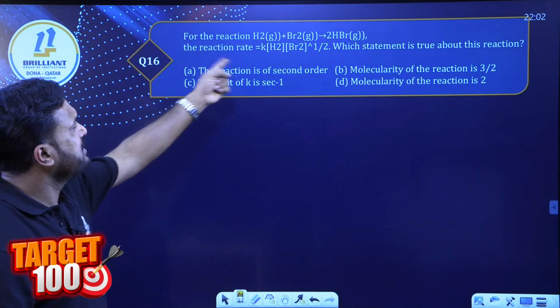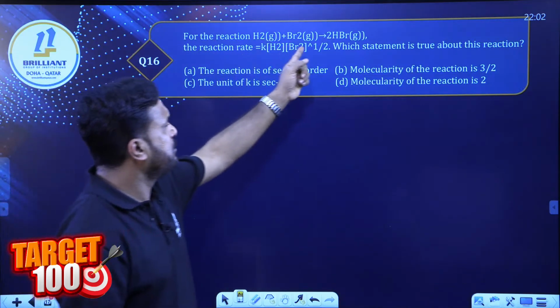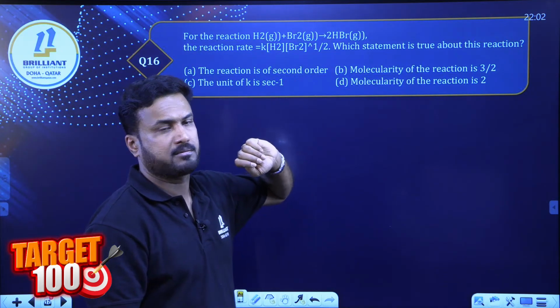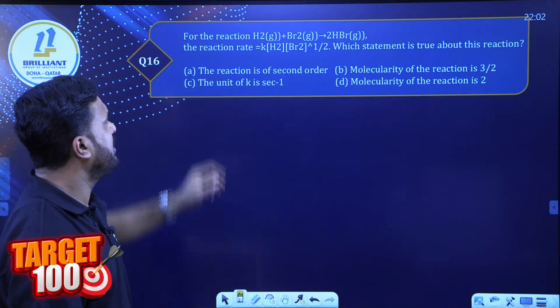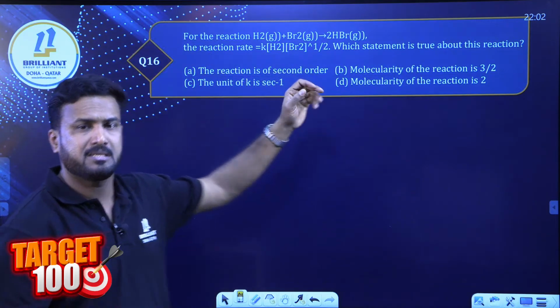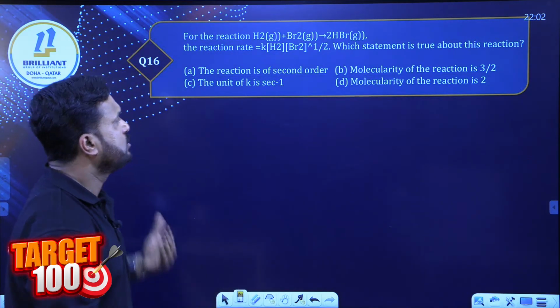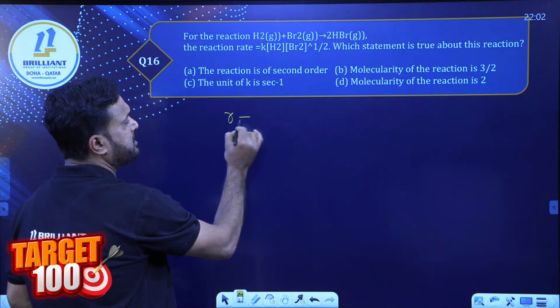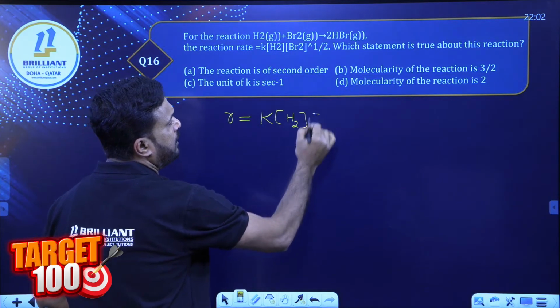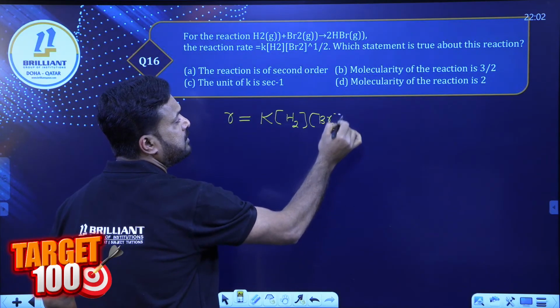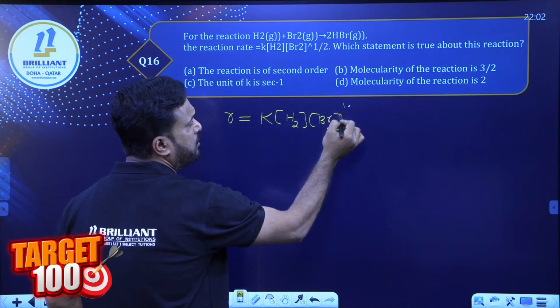See, for the reaction H2 plus Br2 gives 2HBr, the rate law expression is given. So what is the rate law expression given? Rate r equal to K into concentration of H2 into Br2 raised to 1 by 2, the same example I gave before.